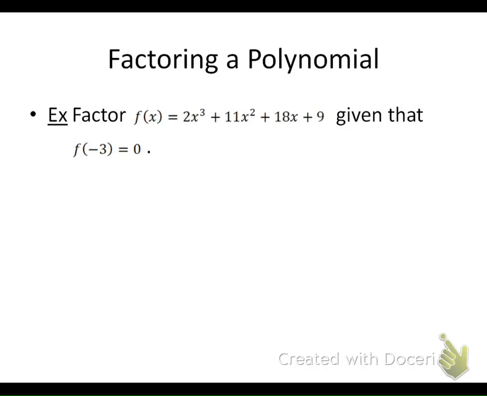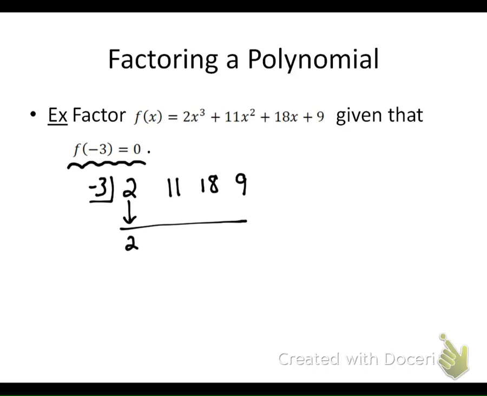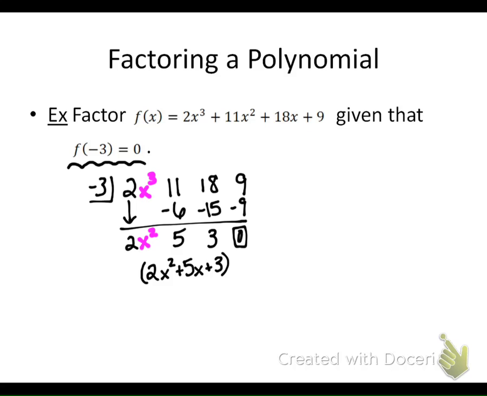In this problem, this is telling me that if you plug in -3 using synthetic substitution, I'm going to get 0 as a remainder. So if I use synthetic division, I could figure out the other polynomial expression that'll help factor that. 2x squared plus 5x plus 3 is a factor, and if -3 is a 0, then that means x plus 3 is a factor.